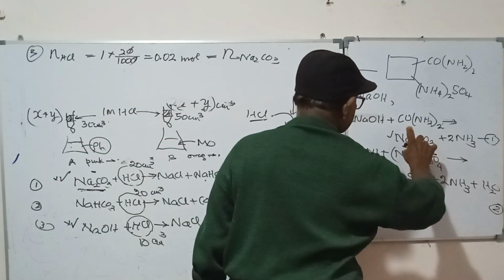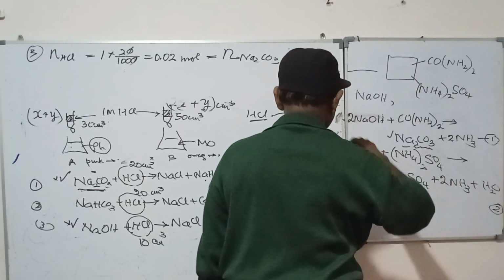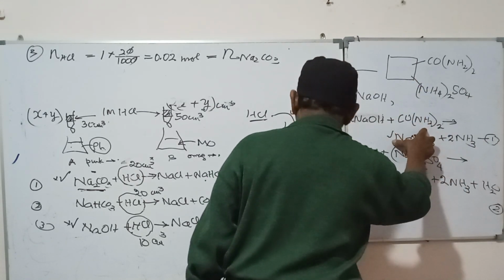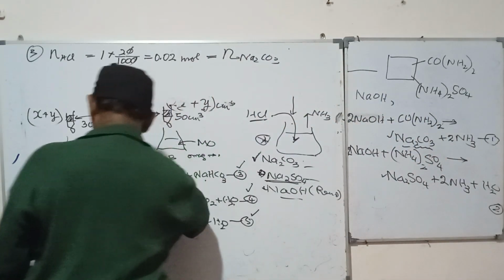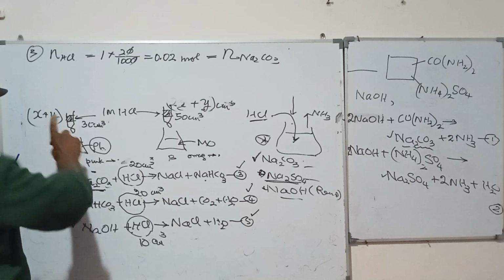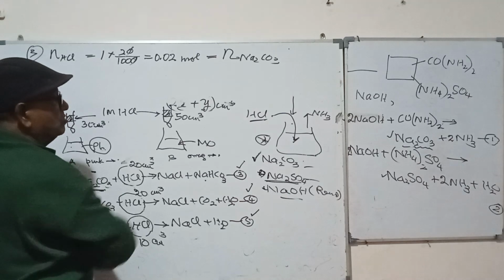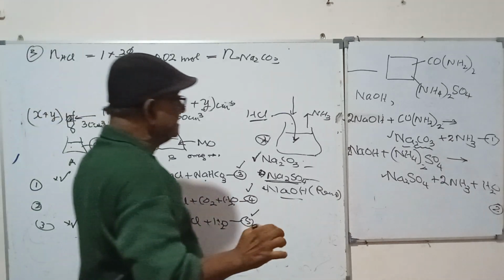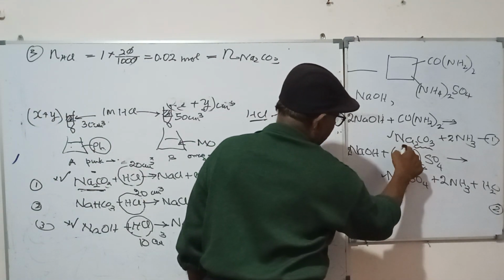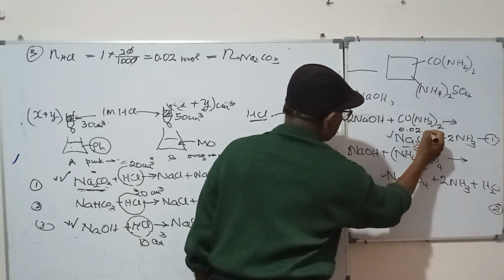This formed sodium carbonate was then reacted with HCl during the titration. That amount should be 0.02. Then it is clear that the amount of sodium carbonate is 0.02.